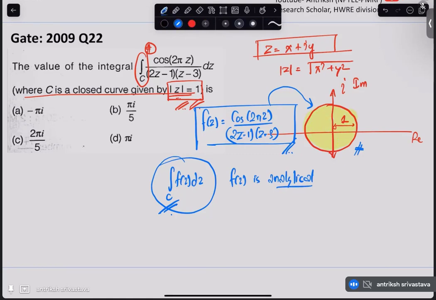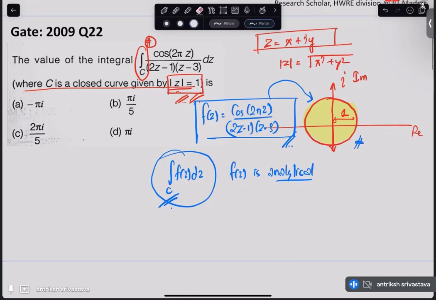In that case, and this is a closed curve, the value of this expression will be 0.